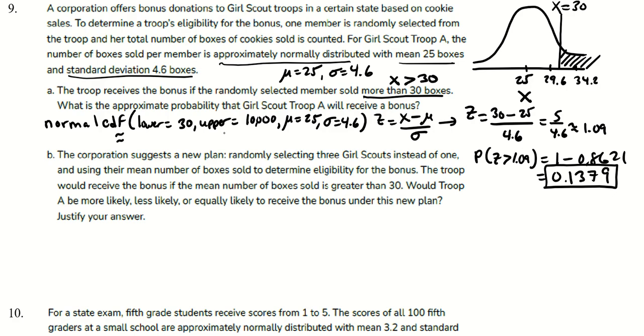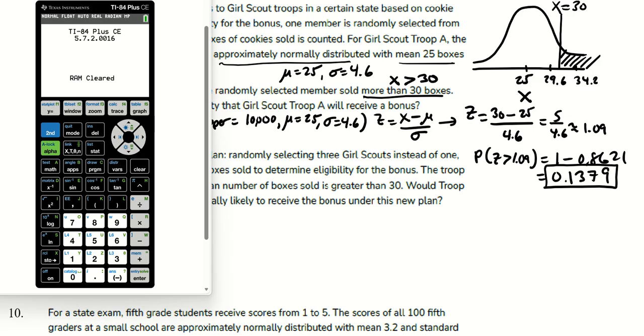If you did that, it would give you approximately 0.1385-ish. I'll show you this on the calculator. I hit second, vars, and go down to normal CDF, which is number 2. Again, we're going to change the lower limit to 30, and use 10,000 there, a really big number, then 25, and then 4.6.